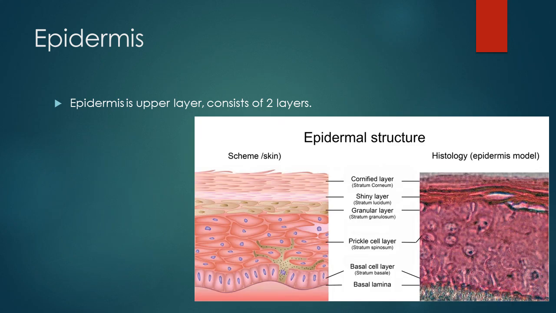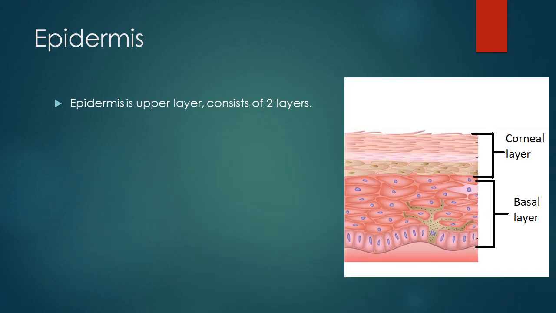Just look to the left picture and you see that there is a layer of flat cells and a layer of thicker cells. And when you look at the microscope, you can see that you also see a layer of flat cells and a layer of round cells. All you guys have to know is layer of flat cells is the corneal layer.